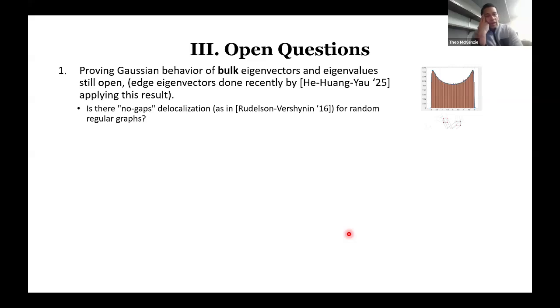Also, you could think about something to do with eigenvectors as well. This was done in a recent work, which applied the work that we talk about today to talk about the eigenvectors. And there's a simple question called the no gaps question, which basically asks, when I look at my eigenvector of a random regular graph, can I have a large part of that eigenvector which is very close to 0?